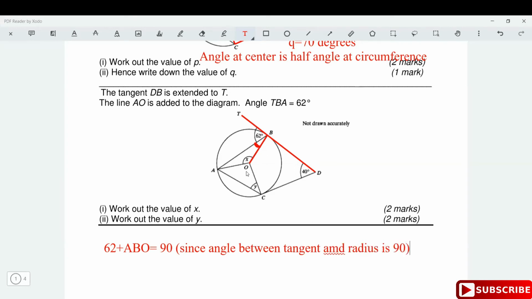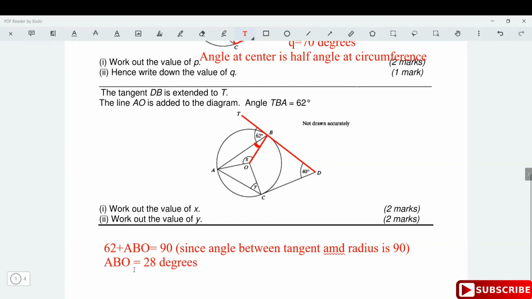So therefore, we can tell them that angle ABO equals 90 degrees minus 62, which is 28 degrees. That's 28 degrees.